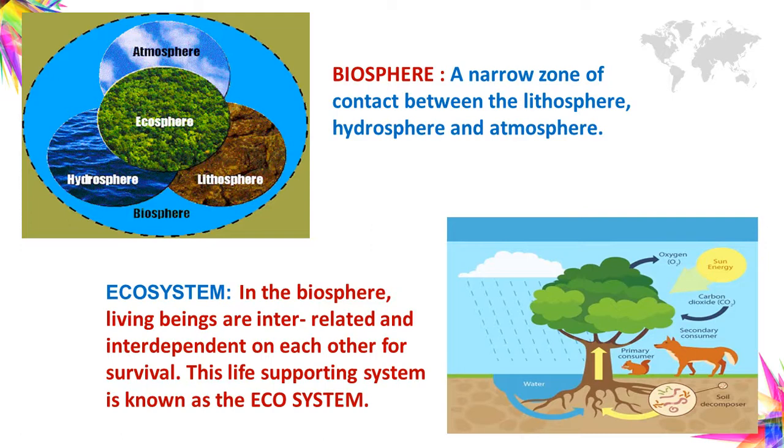So the squirrel depends upon the tree and the fox depends upon the squirrel. If both of them die, they will decompose and become nitrogen and help the plants for their growth. In that way, nature is interdependent. The living beings are interdependent.